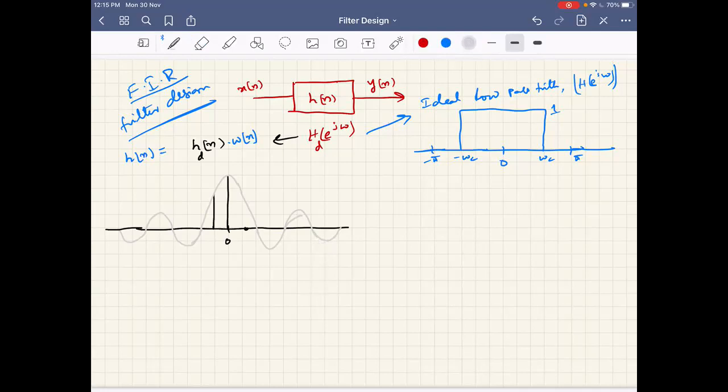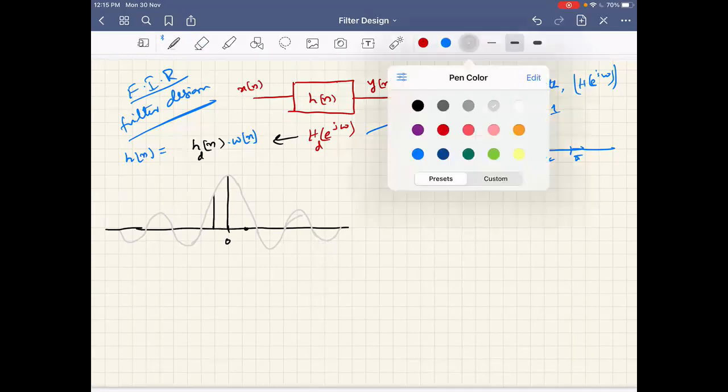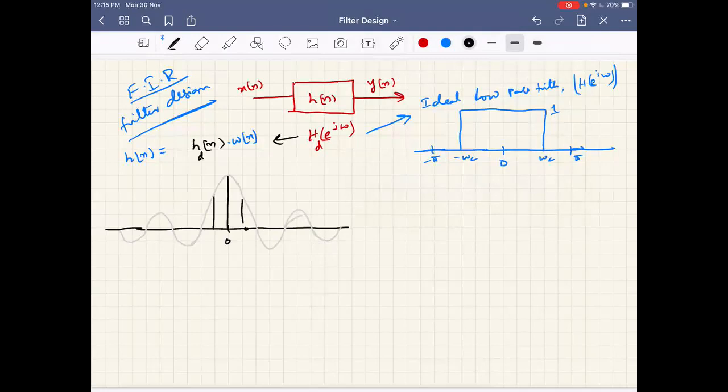Right. Okay, so let this be the truncated impulse response.